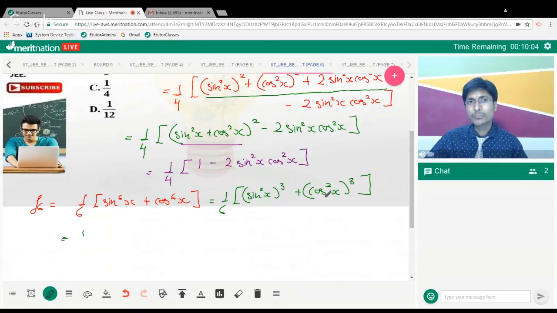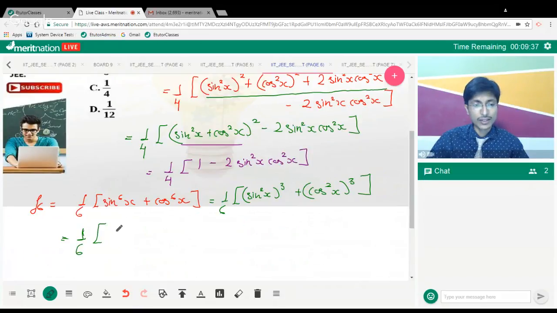Now a plus b whole cube is a cube plus b cube plus 3ab times a plus b. So a cube plus b cube will be equivalent to a plus b whole cube minus 3ab times a plus b, as the term shifts to the left hand side. Yeah, Preeti is getting it right.